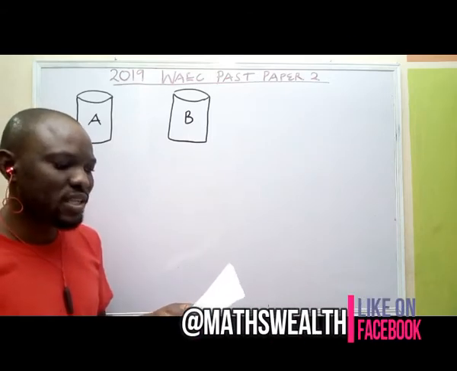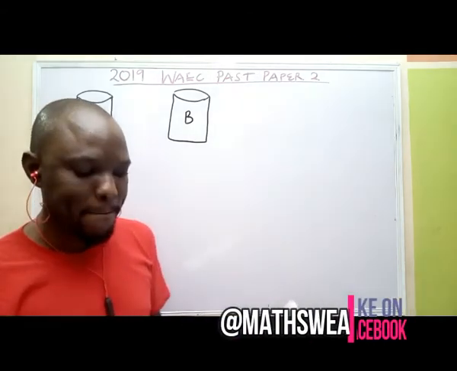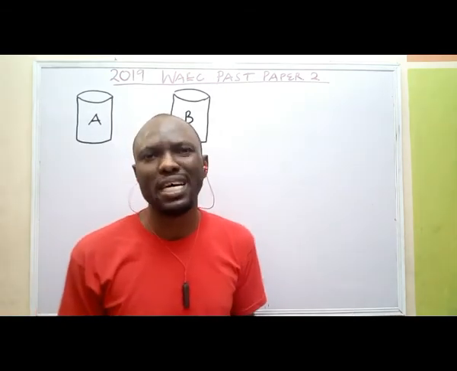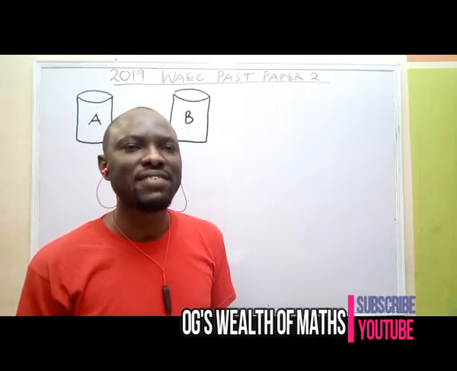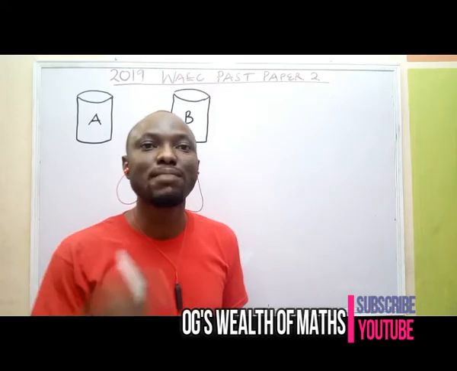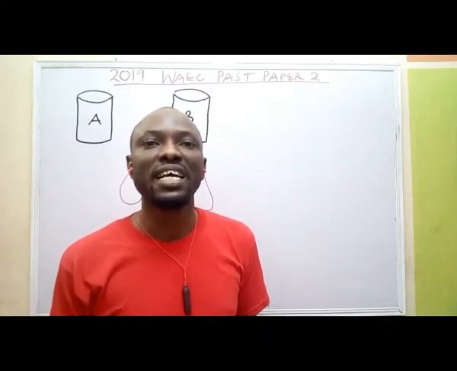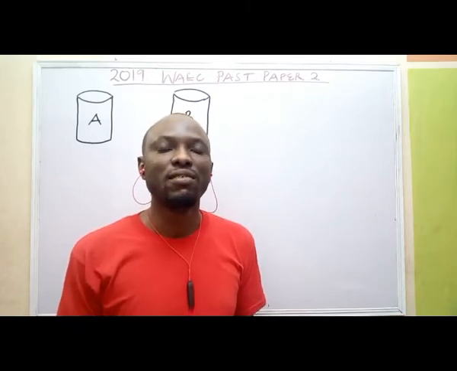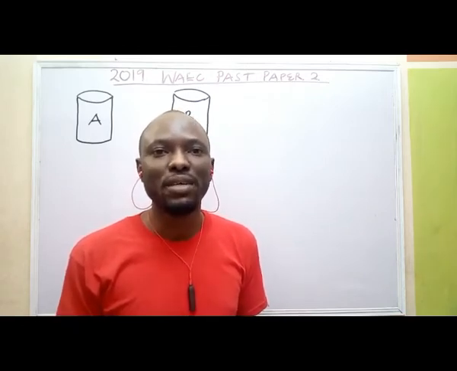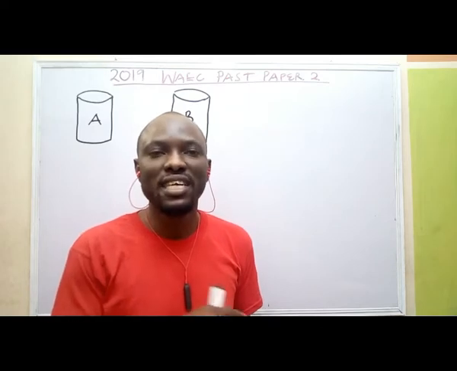Tank A holds 600 liters more than tank B. What does that mean? It means we need to know the volume of tank B, so that we can add the volume of tank B to 600 liters to get tank A.